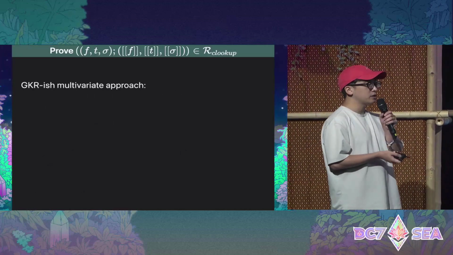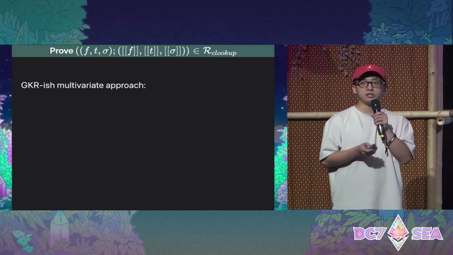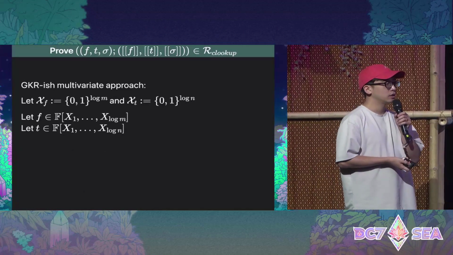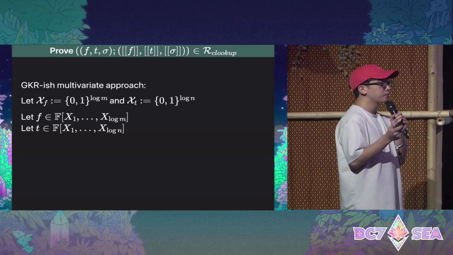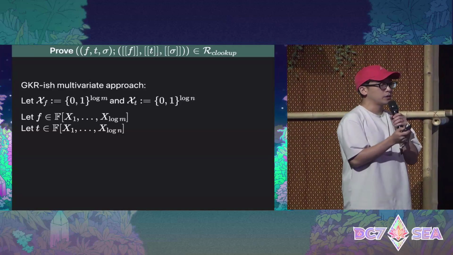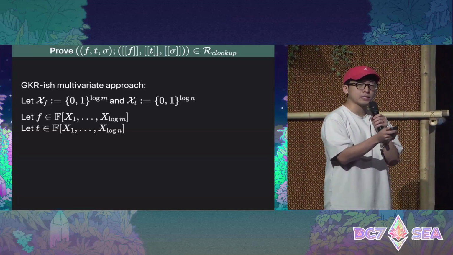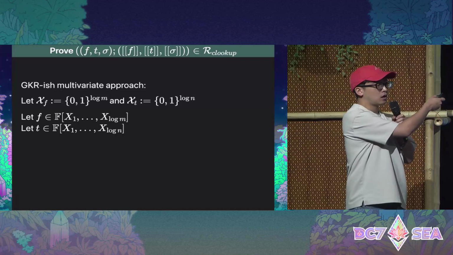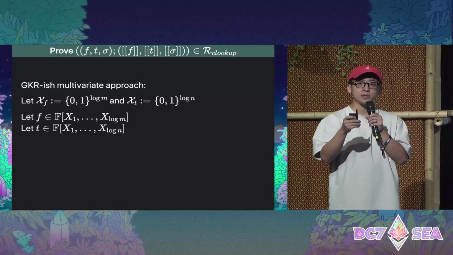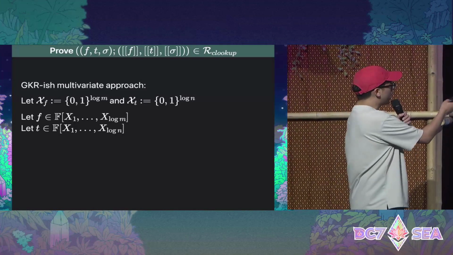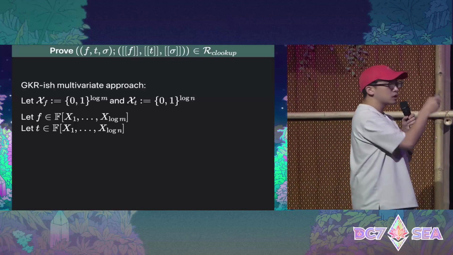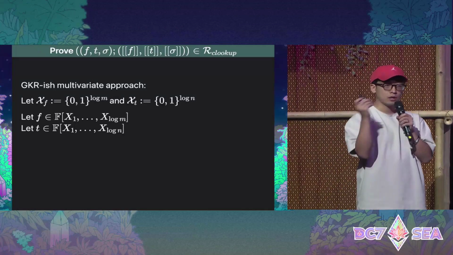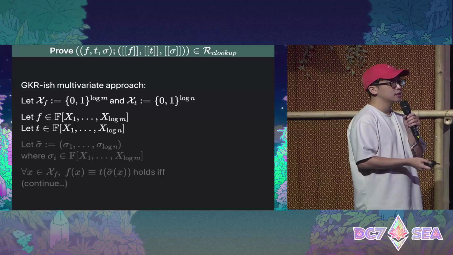But if we use the multivariate polynomial approach, it changes a lot. We define the domain on a vector space. For the witness, we define its domain as a Boolean hypercube over a log m dimensional space, and for the table, we define the domain over a log n dimensional space.